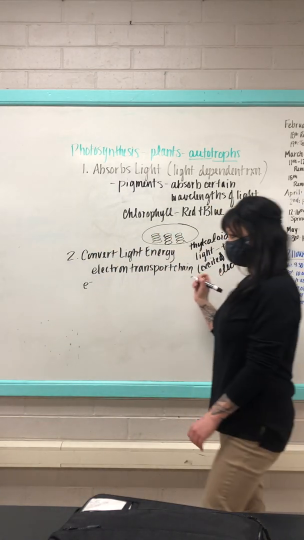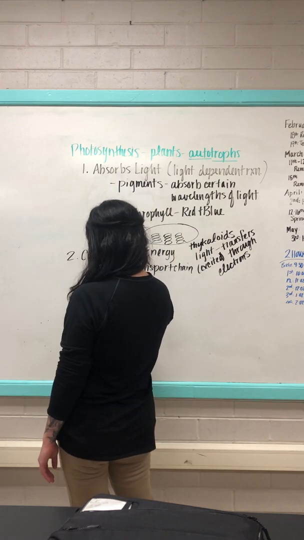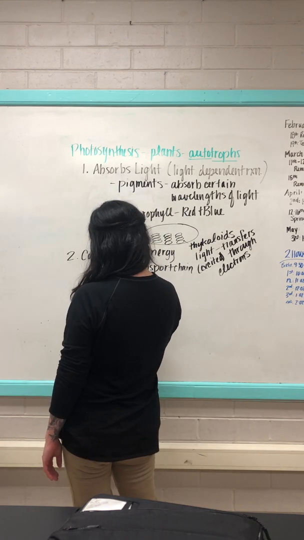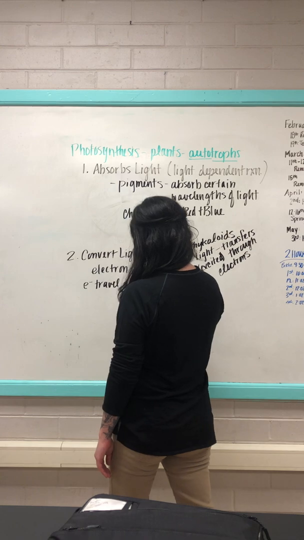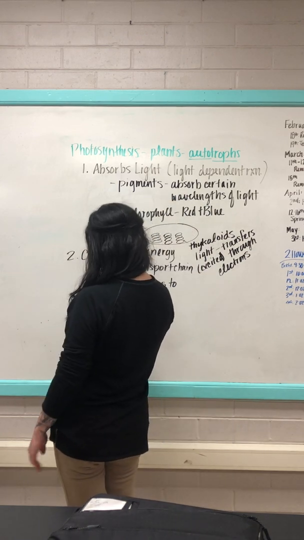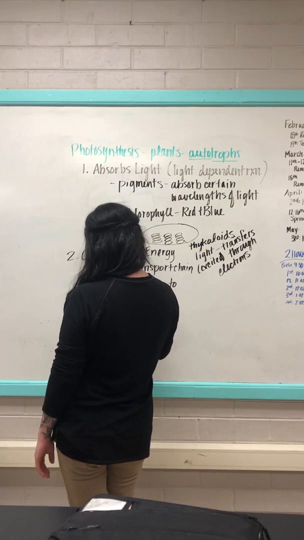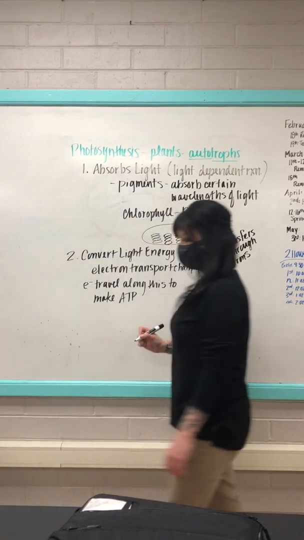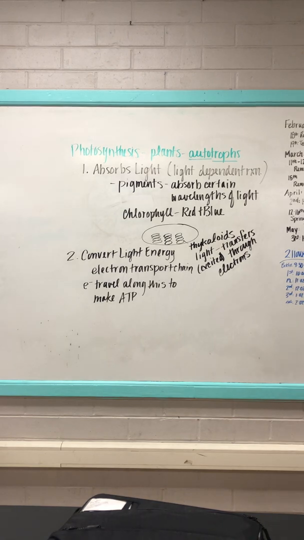I'll just put E negative. So electrons travel along this. And the end goal is to make ATP. We know that ATP is just adenosine triphosphate. That's just an energy molecule.